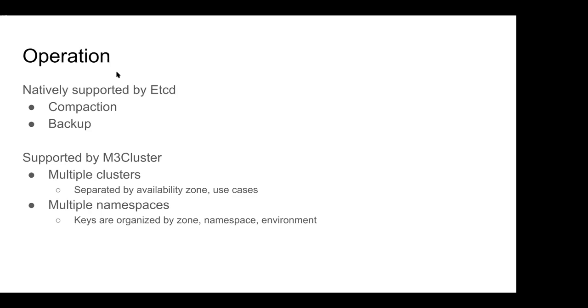On the operations side, we use compaction and backup natively supported by etcd. Besides that, we added some of our own logic within M3 cluster. For example, we manage multiple clusters, mainly for isolation purposes. We separate clusters by availability zone and also by use case.